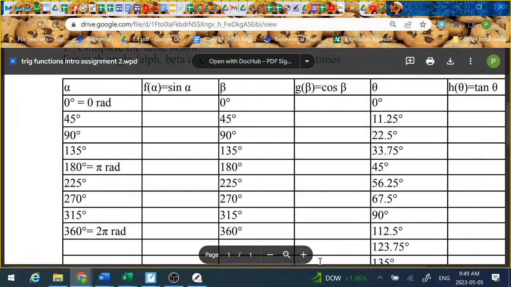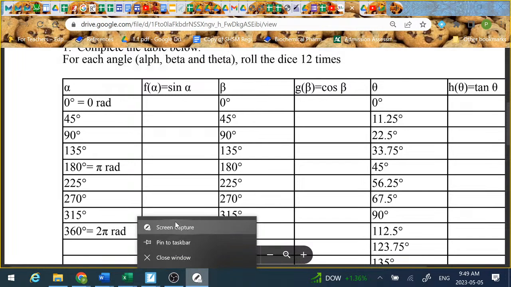Let's move to tan. Here's what we're going to do for tan. I'll highlight the ones that I want you to use.